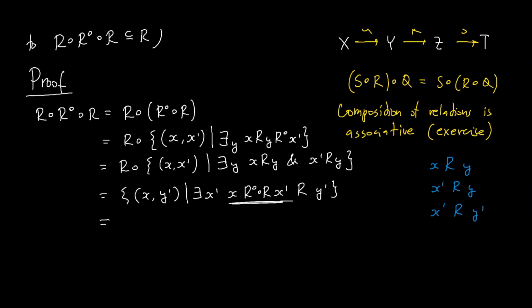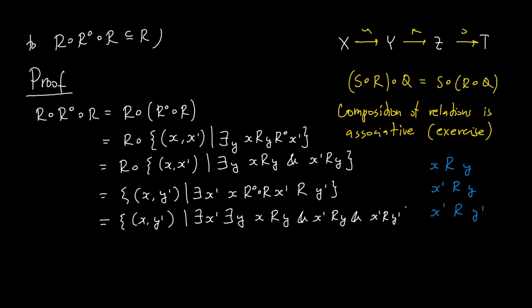And now I already know what this means, this has been expanded here. And so overall, I get this set of pairs X, Y prime such that there exists not just X prime, but also there exists a Y such that, I'm just expanding this part inside the other one, X is R related with Y, and X prime is R related with Y, and this final bit, X prime is R related with Y prime. So we get exactly these three terms that we have in this scheme.